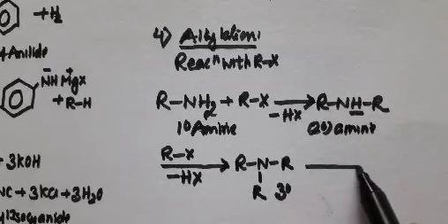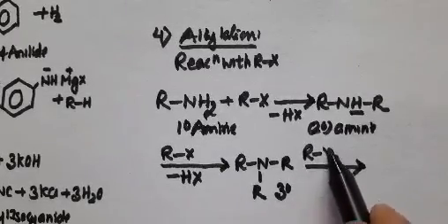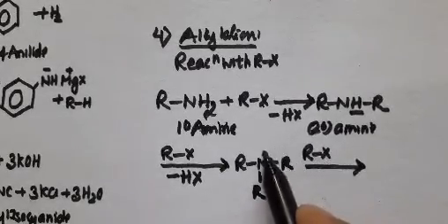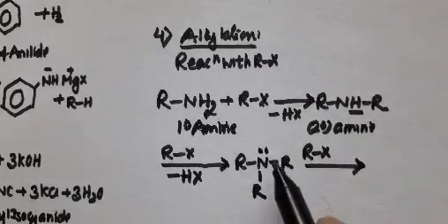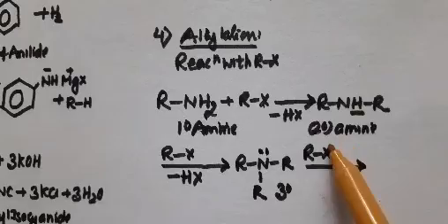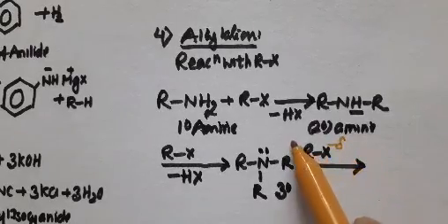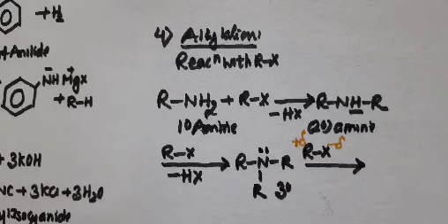Finally, when a 3 degree amine further reacts with alkyl halide, this is the nitrogen which consists of an unshared pair of electrons, and as we know the halide ion carries partial negative charge and the alkyl part carries partial positive charge.